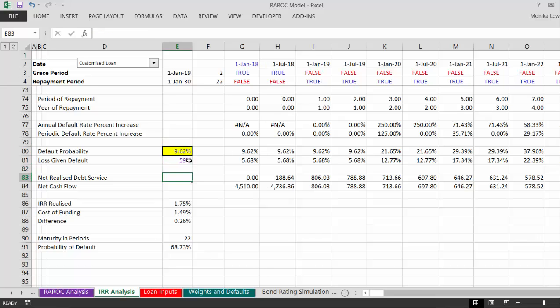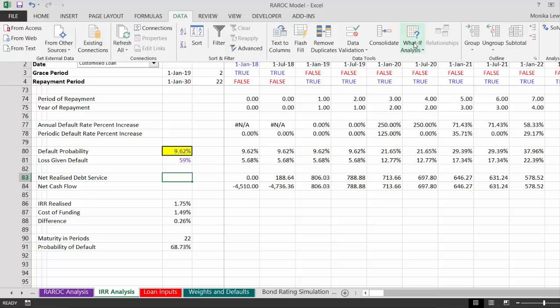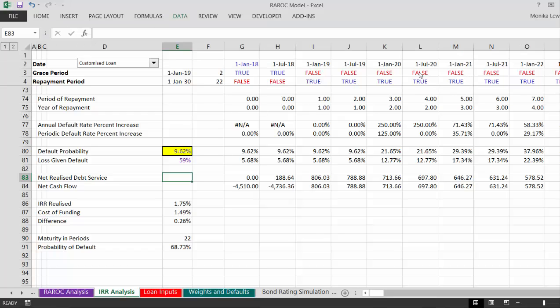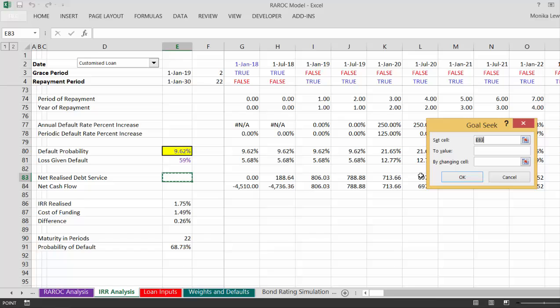And this time when we make the goal seek, we'll go to Data, What-If Analysis, and Goal Seek. It's a little bit slow, but that's mainly because of the calculations. So set this to 0. It's always the difference to 0.